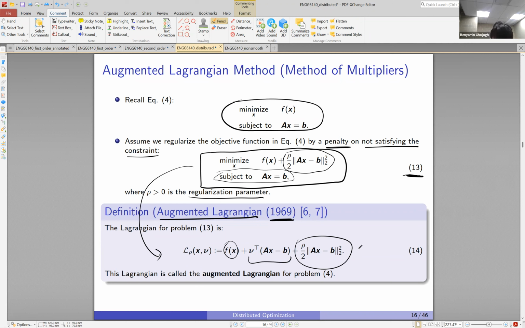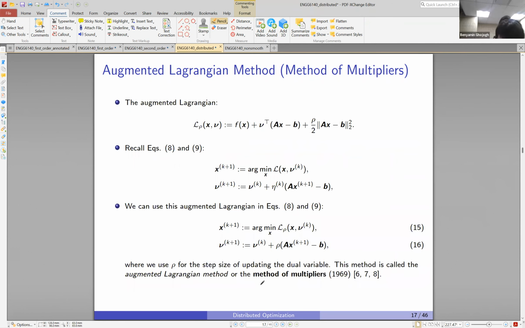However, this Lagrangian is called the augmented Lagrangian for this problem. So this is the Lagrangian for this problem, but the augmented Lagrangian for this problem. Why? Because we are augmenting something here. Augmented Lagrangian. Okay. So the augmented Lagrangian is this.